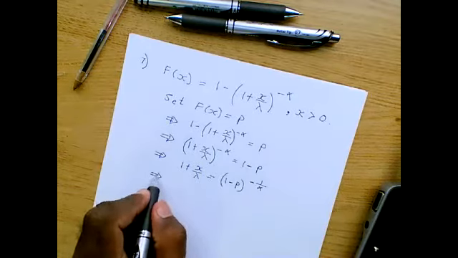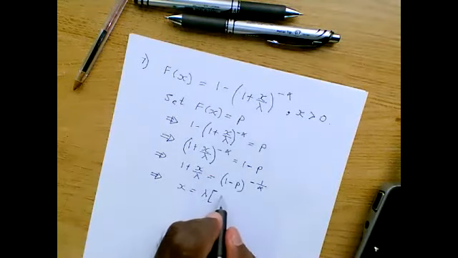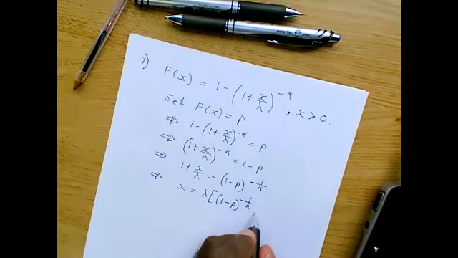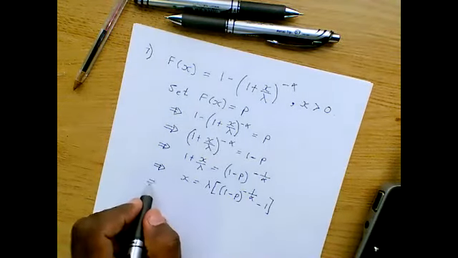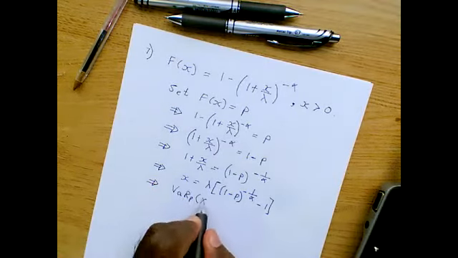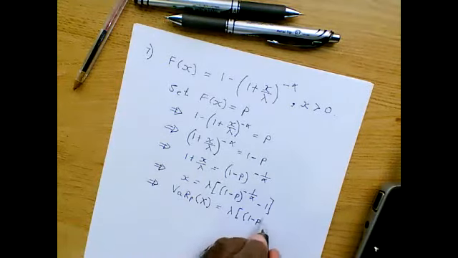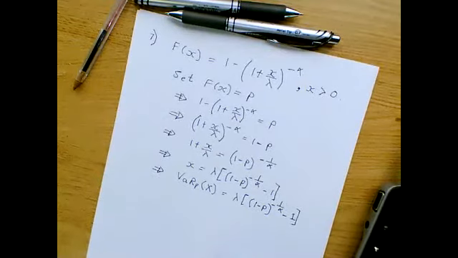So hence your x is going to be lambda in brackets, right? So hence the expression for VaR is equal to this, right? Which is lambda times (1 minus p) to the power, yeah. So that's the expression for VaR.